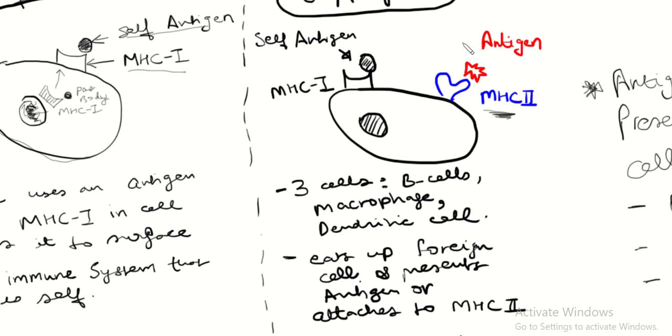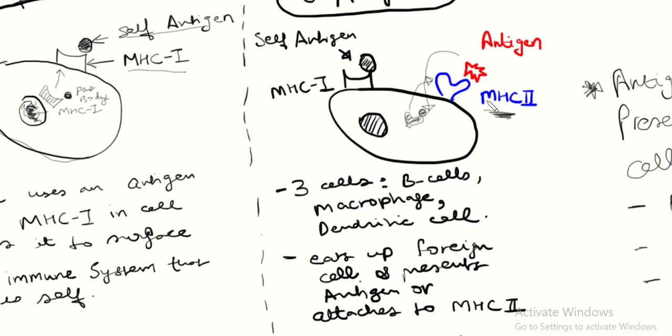So what happens? Antigens, remember what are antigens? These are these markers, these protein markers. So you have an antigen that gets inside the cell, again recognized by the nucleus. The nucleus creates this protein which attaches to the antigen and then gets it to the surface.